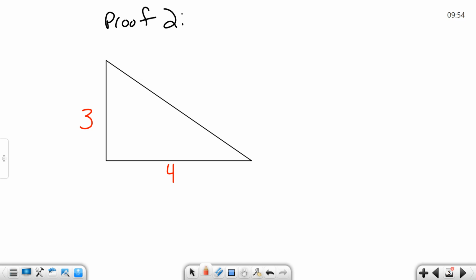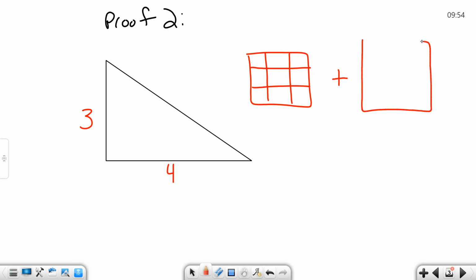And so off on the side, we are just going to sketch in a box that is 3 by 3, and we want to add it to another box that is 4 by 4.